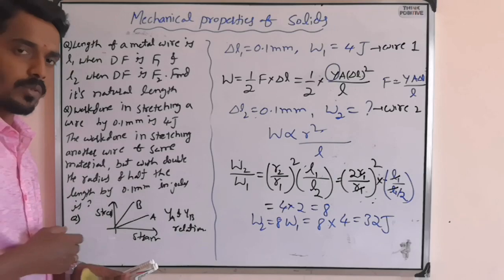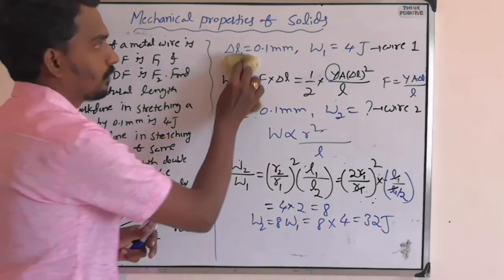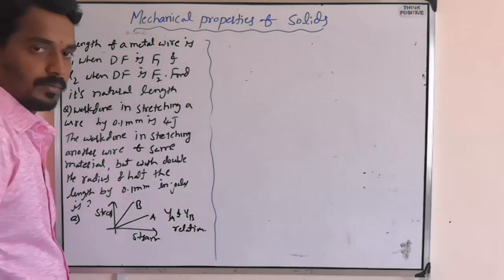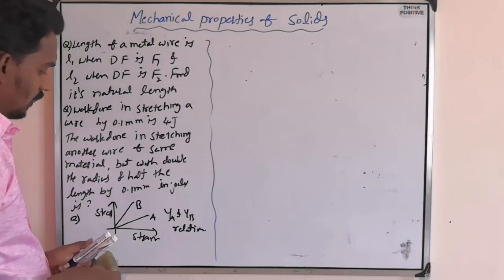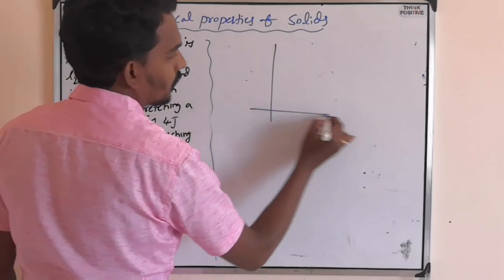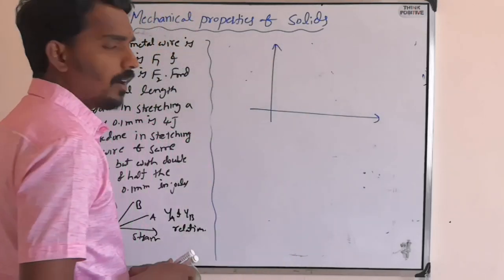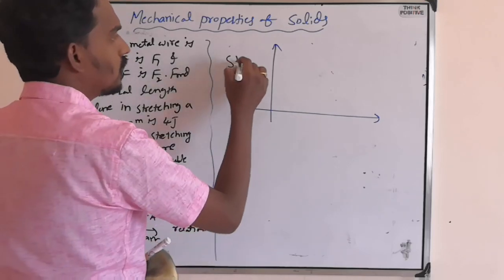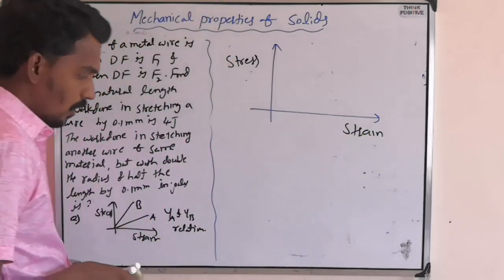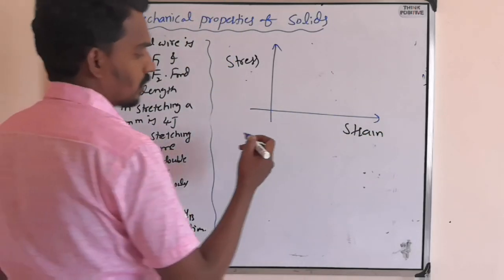In a similar way, let us try to understand one more question. Now, take the last and final question. They have given a graph between stress and strain for two different materials.